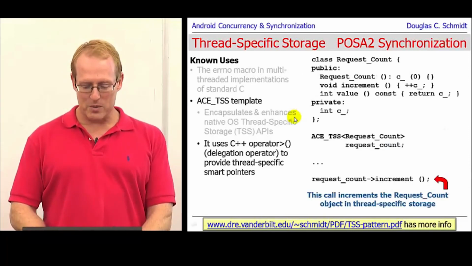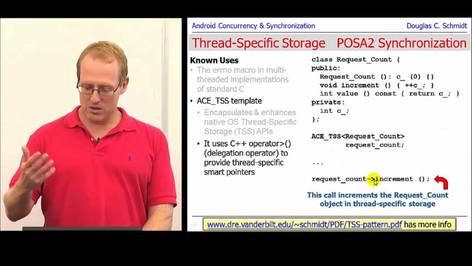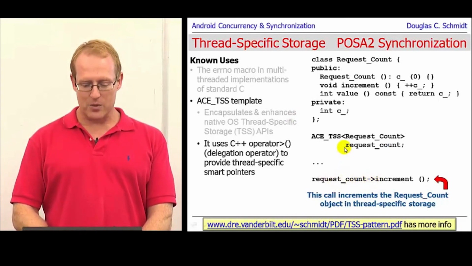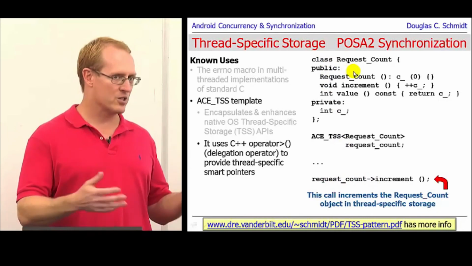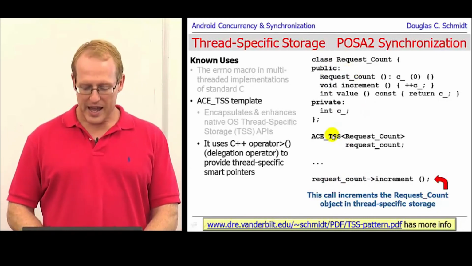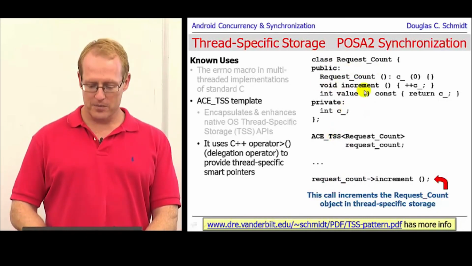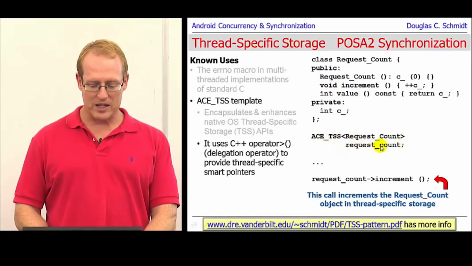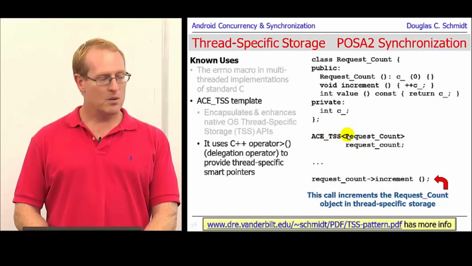And then what you typically do is, as Christoph correctly noted, when you call a method like this, let's say that we have a class called requestCount that's just going to keep a count of something. And this is not thread-safe code. We create an instance of ACE-TSS called requestCount. So that's a variable of type ACE-TSS parameterized with this particular class.